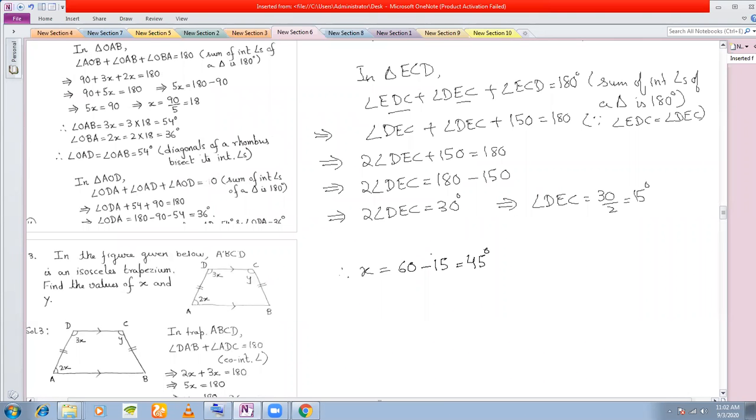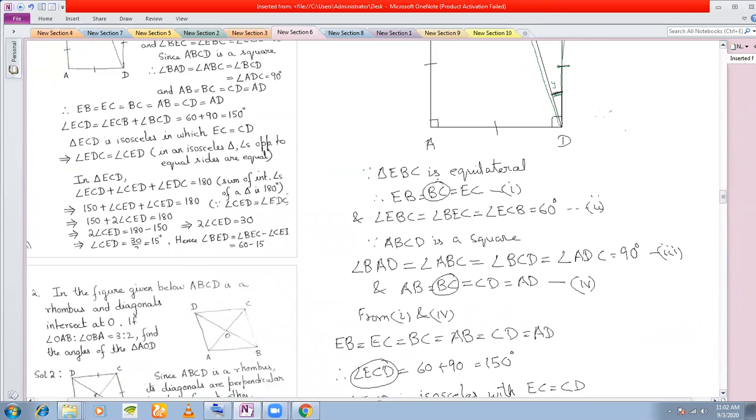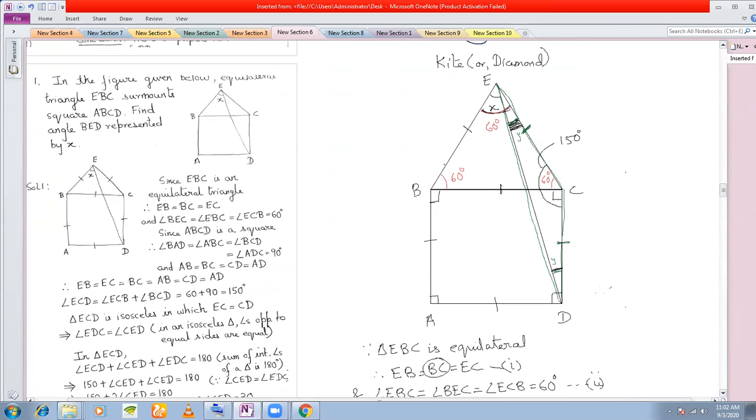Okay, so this is the way you write it actually. And still, the writing for such problems where the angles are given and you have to find the angles is a little easier, but later on the writing part is going to get tougher.